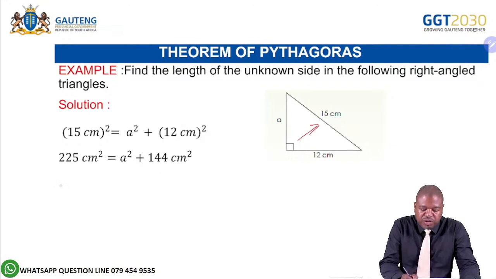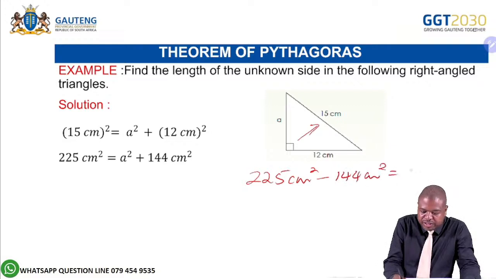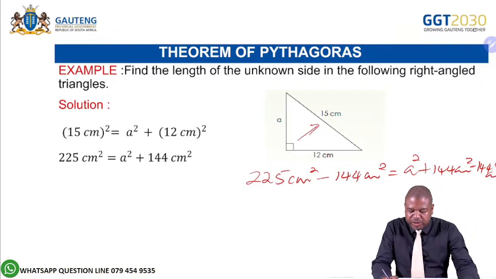Using our knowledge of solving equations, what do we do? We apply our additive inverse so that we remain with A squared on the other side. So A squared plus 144 centimeters squared minus 144 centimeters squared. You remember where we applied our additive inverses.